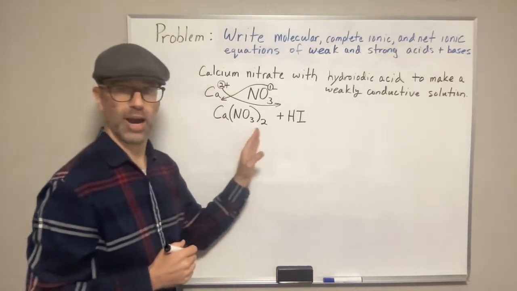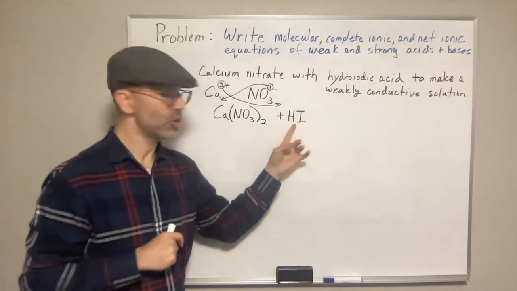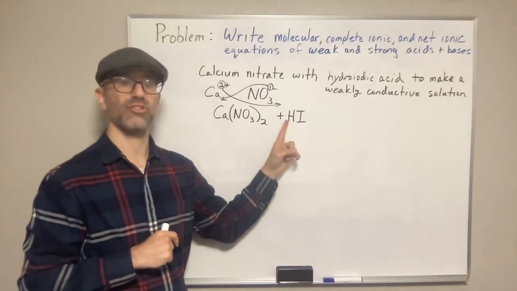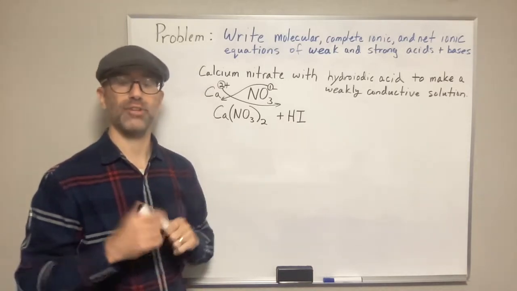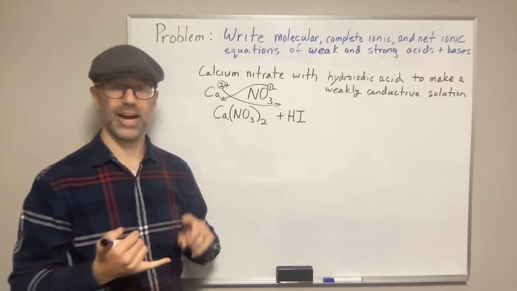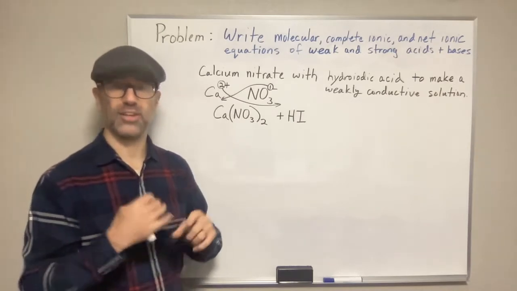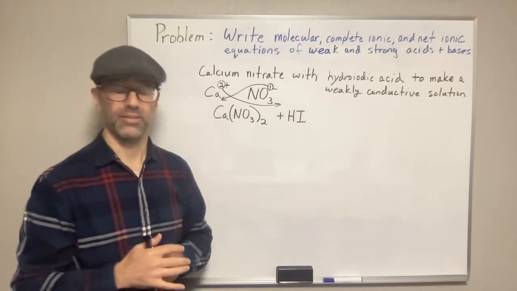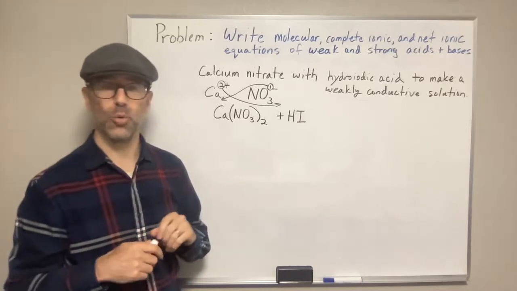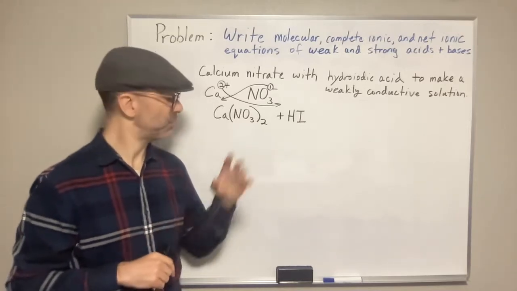Okay, so now what do we do? We need to figure out our products. And so we want to make sure we understand that this HI is a strong acid. So you have to know what the 6 strong acids are. So hydrochloric, hydroiodic, hydrobromic, sulfuric acid, and so on. There's 6 of them, sometimes 7. It depends on what textbook you read, but 6 usually is the number.